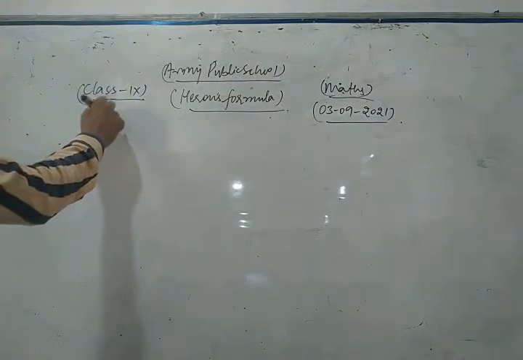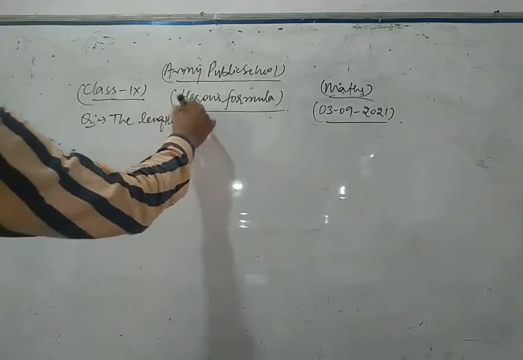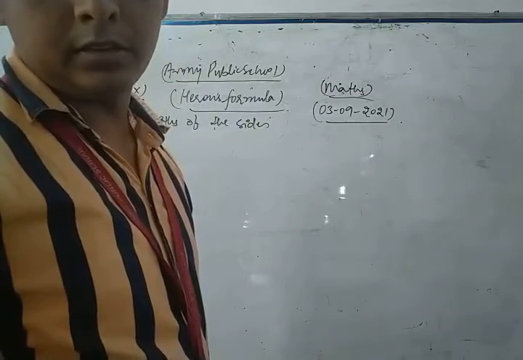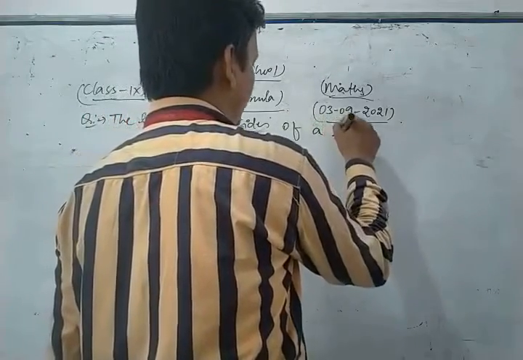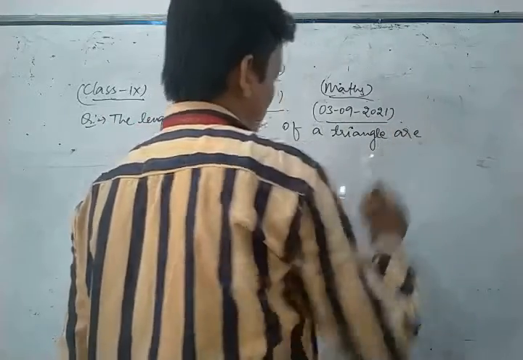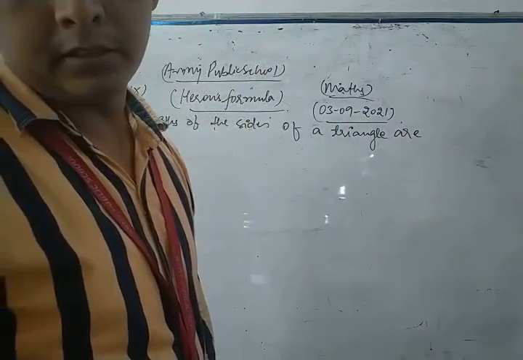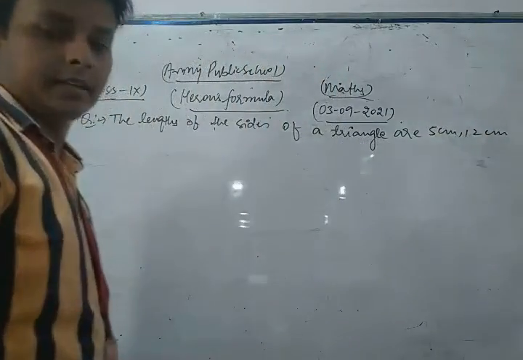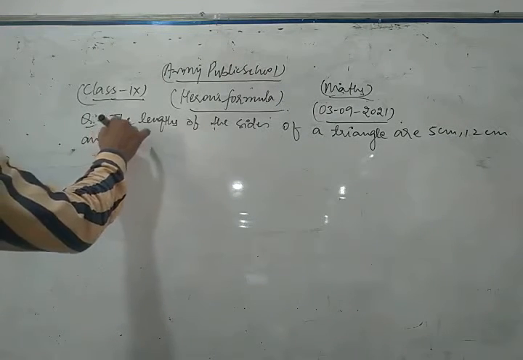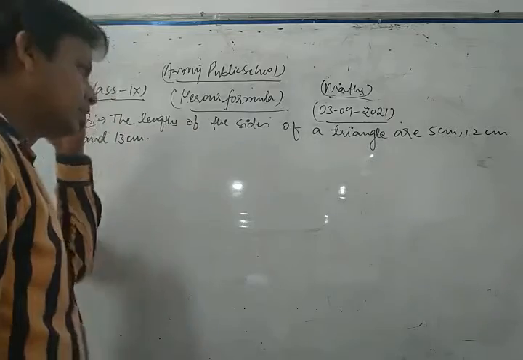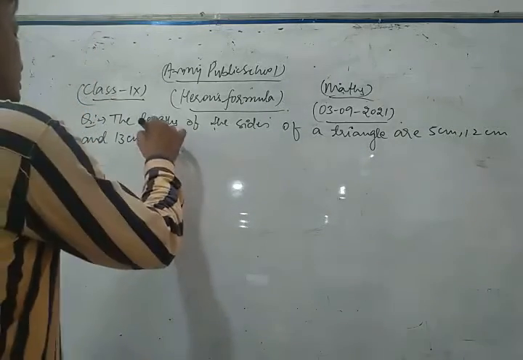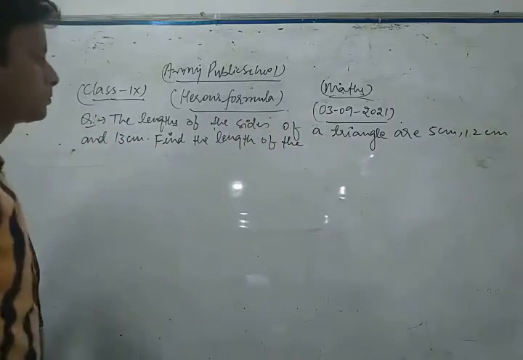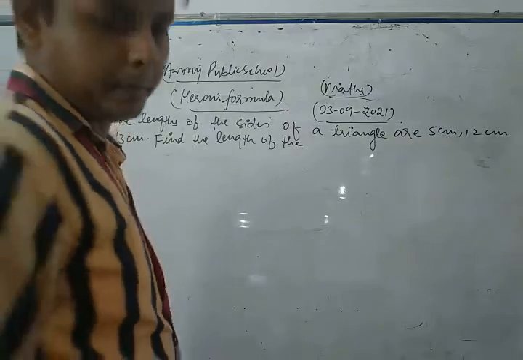The question is: the length of the sides of a triangle are 5 centimeter, 12 centimeter, and 13 centimeter respectively.